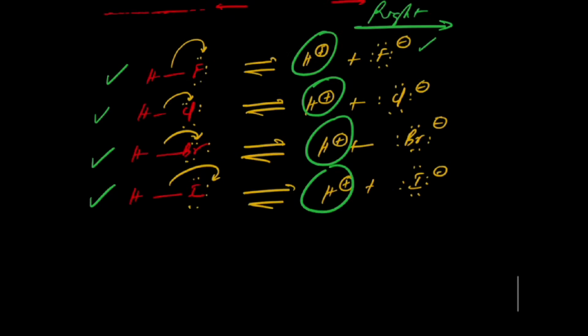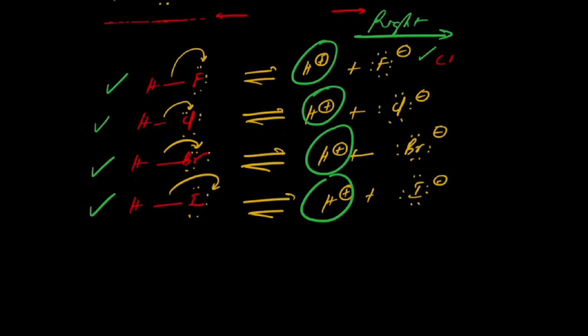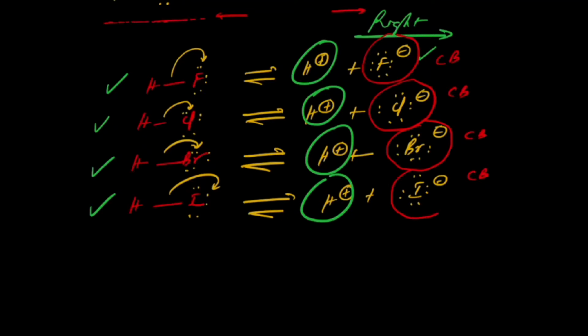So in other words, these are the conjugate bases, right? F minus is the conjugate base of HF, Cl minus is the conjugate base of HCl, Br minus is the conjugate base of HBr, and I minus is the conjugate base of HI. The more stable the conjugate base is, the more willingly the acid will donate the proton.